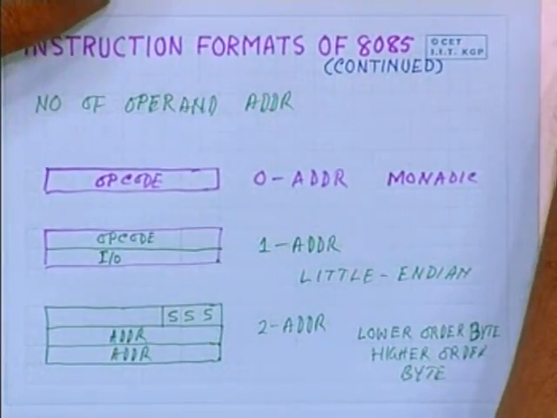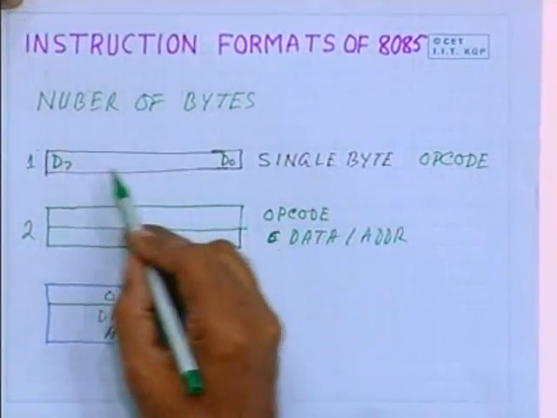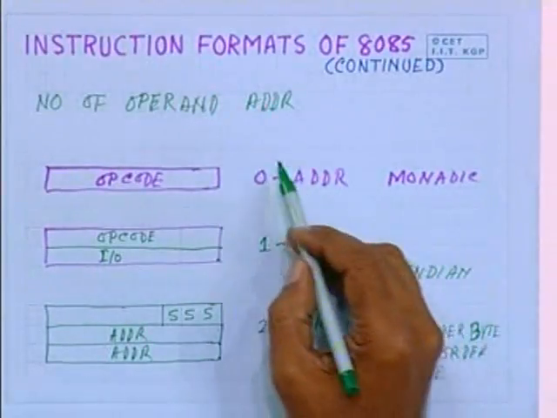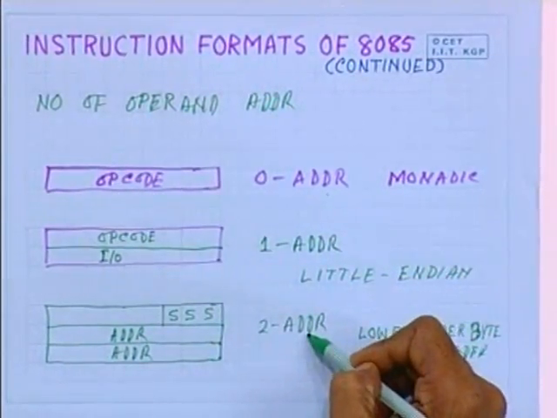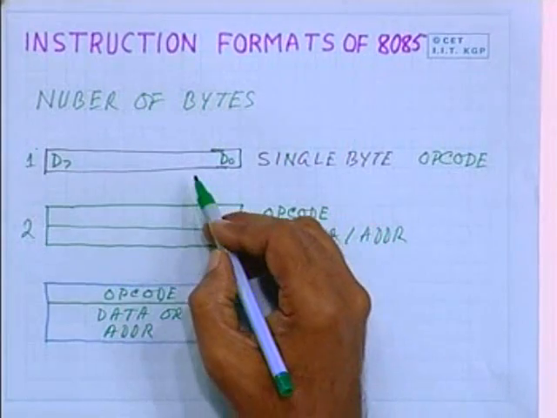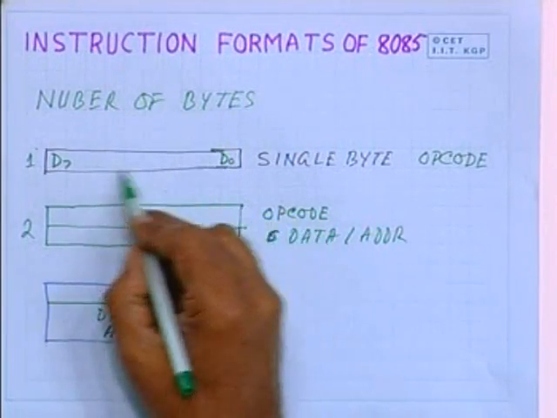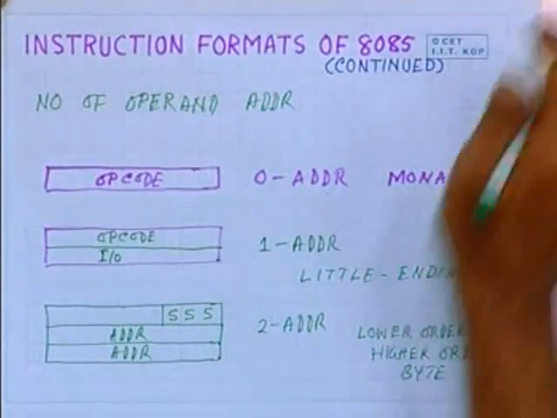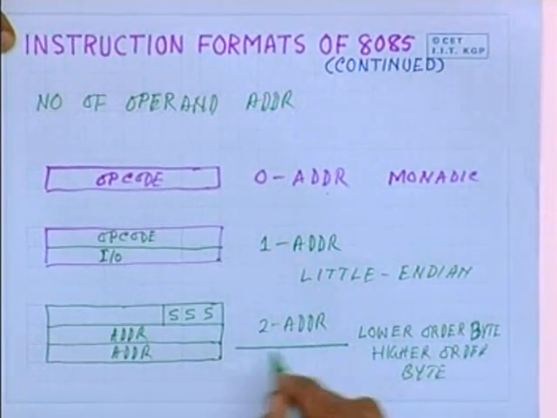We have already specified that an instruction can be of 1 byte, 2 byte, or 3 byte. What is the correspondence between the number of operands specified, 0 address, 1 address, 2 address, and the number of bytes that can be used? It is possible to specify 2 addresses in a single byte.